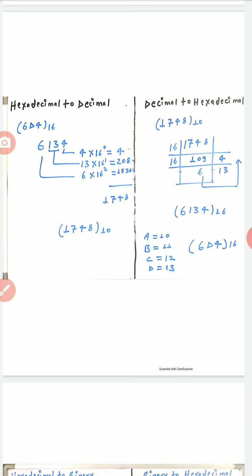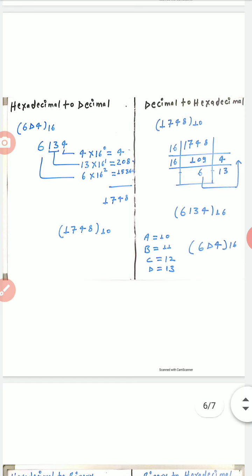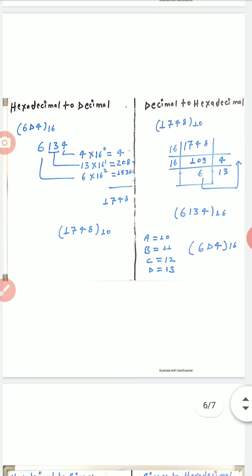6, 13 and 4. Now I need to take care of the 13. Here 13 is a 2-digit number, but whenever I take it further, I consider the whole number as a single digit. So here I write 6 13 4, base 16. This is the hexadecimal number of 1748.